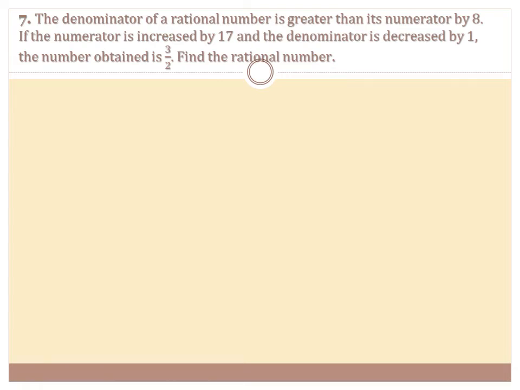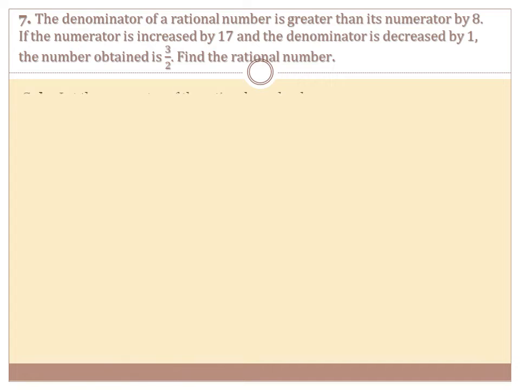Find the rational number. Here in this question, it is explained about a rational number and the relation between its numerator and denominator. It is given that the denominator of a rational number is greater than its numerator by 8.